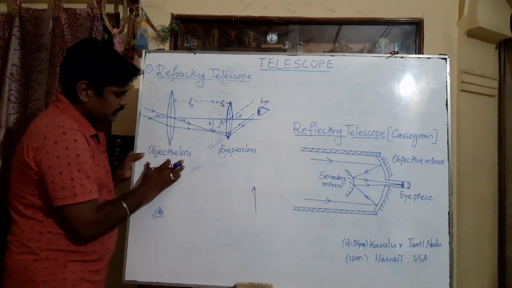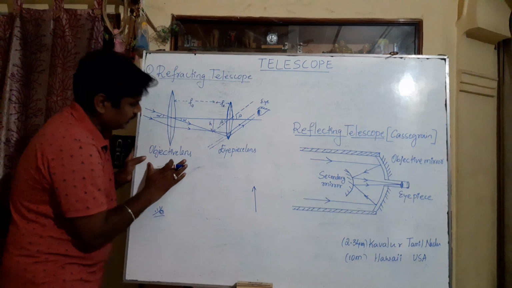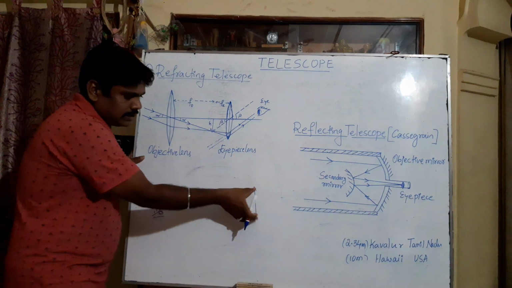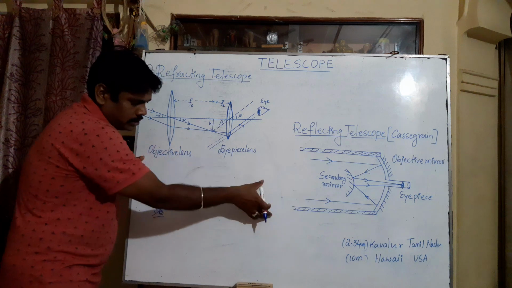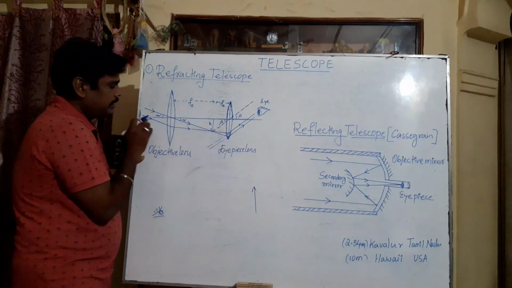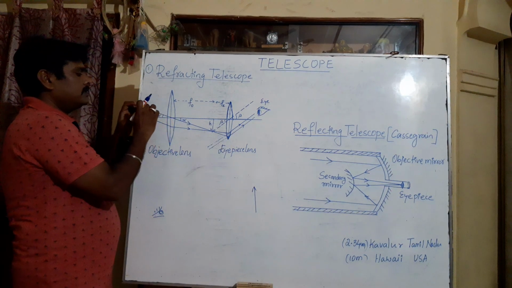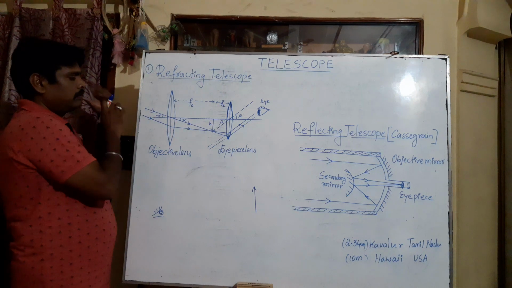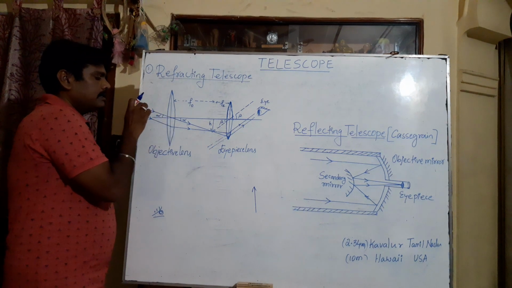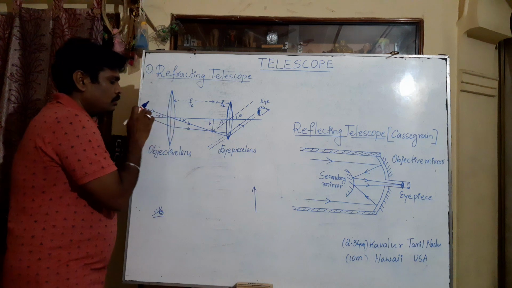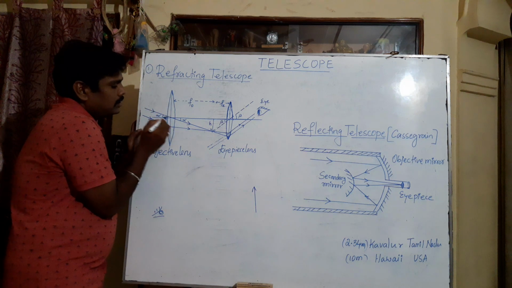Consider this objective lens brings this far object close to the observer. See here, let us consider this is the light coming from the moon. Let us consider two parallel rays. One ray passes through the optic center without deviation.